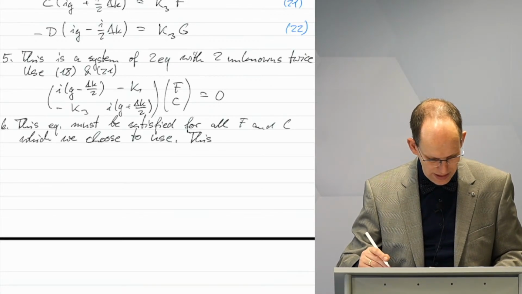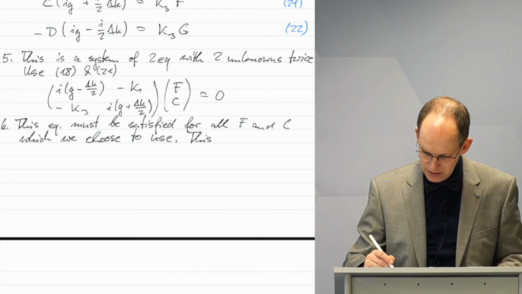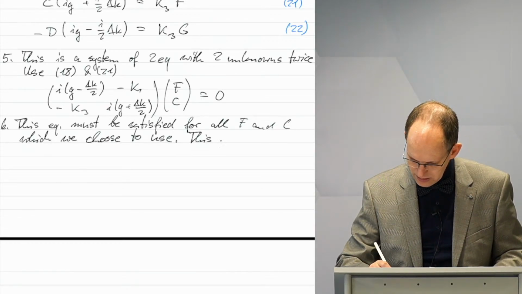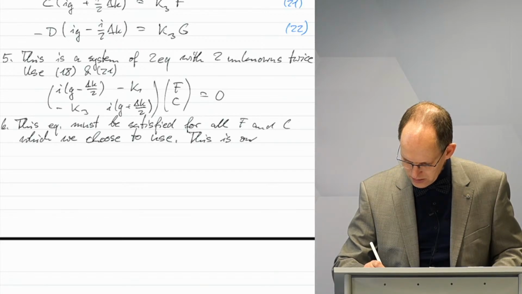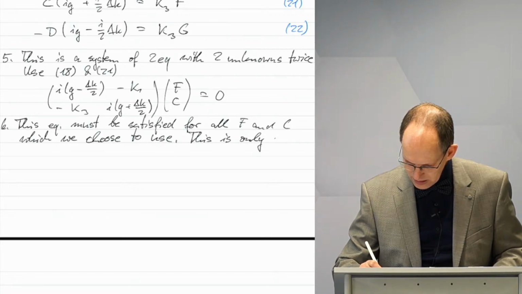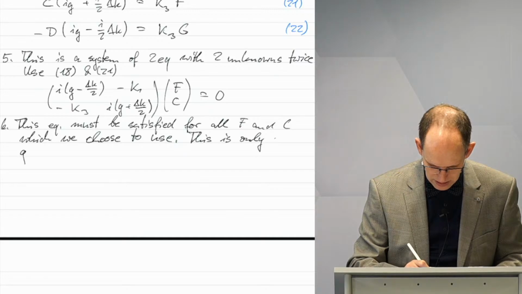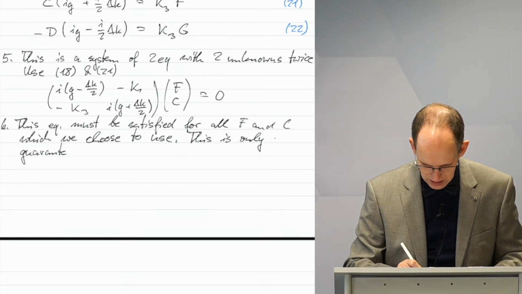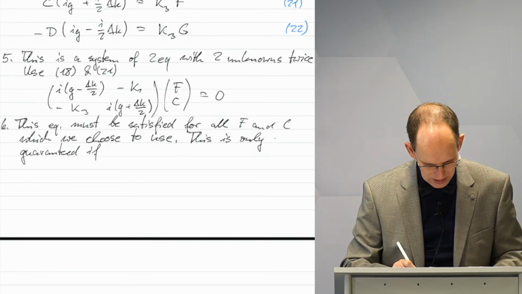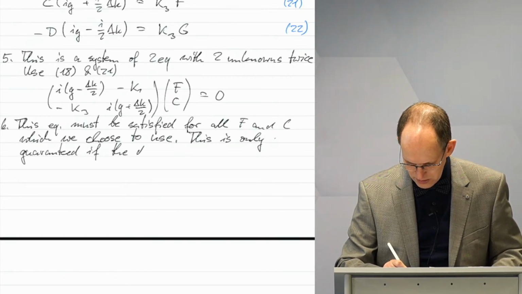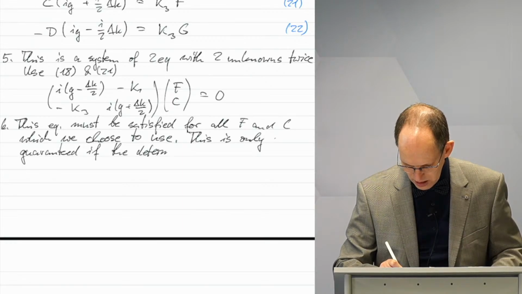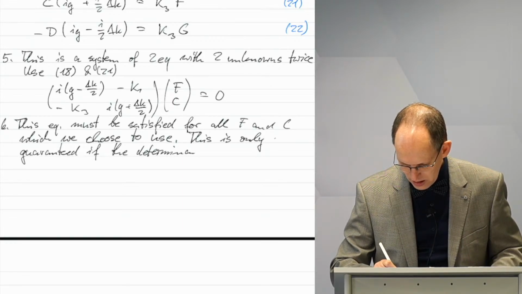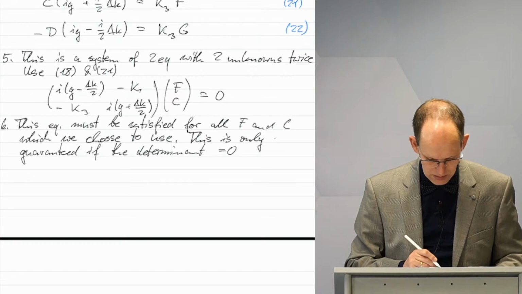And this is only guaranteed if the determinant is equal to 0, right?